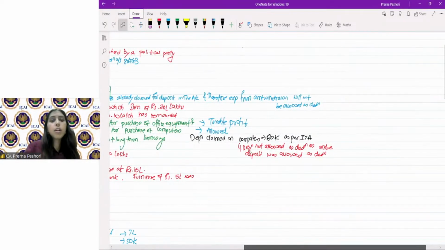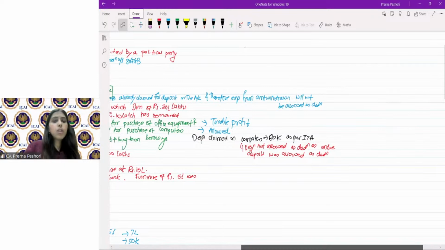Yes, 60% is agriculture income. First, you will calculate the deduction and then there will be the question of whether the income is agricultural or not. But first, what will be my deduction under 33AB?